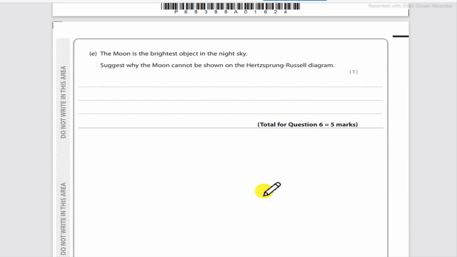Now the moon is the brightest object in the night sky. Suggest why the moon cannot be shown on the Hertzsprung-Russell diagram.